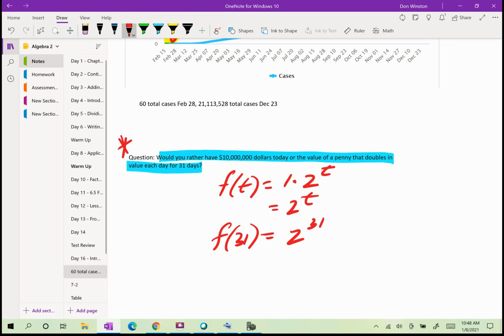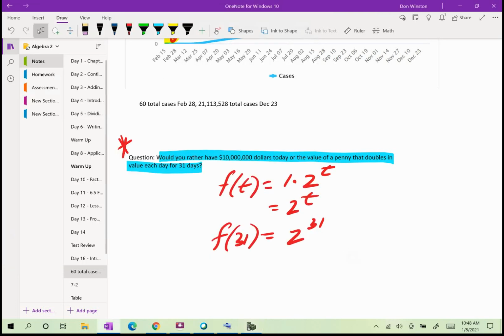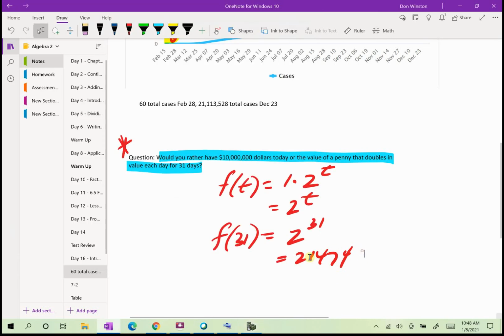Well, let's see here. Use our calculator. What is 2 raised to 31? $2,147,483,648.